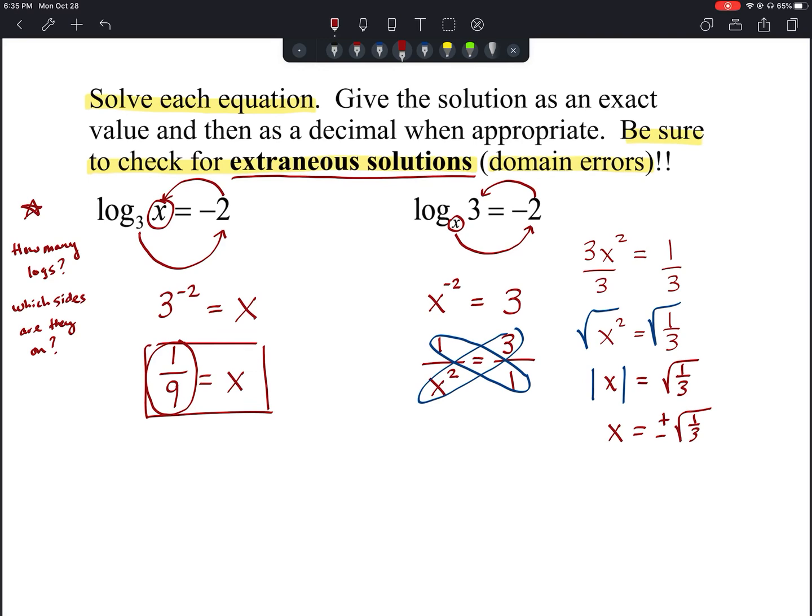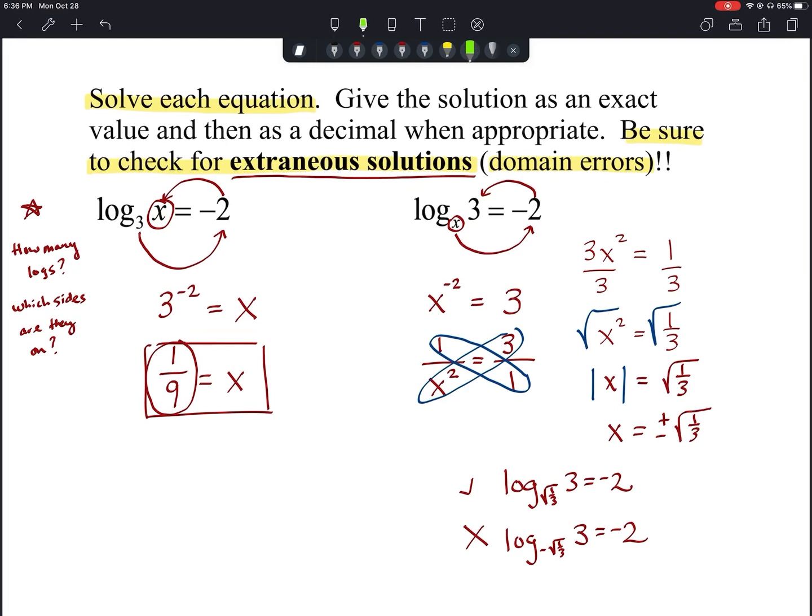Now we do have a problem with that though, because if we took these and plugged these back in, we have log base square root of 1/3 of 3 equals -2. That one's okay. But when we try the second solution, log base negative square root of 1/3 of 3 equals -2, this one does not work, right?